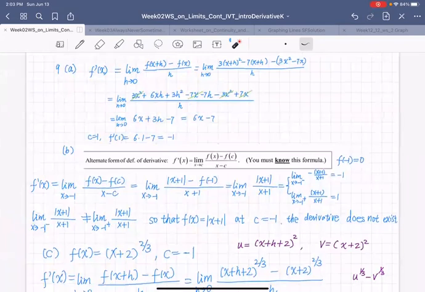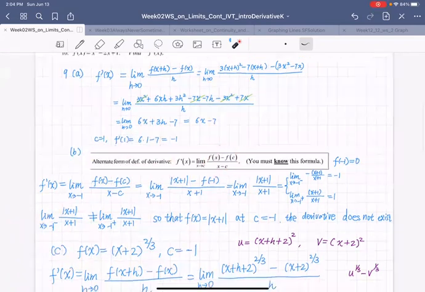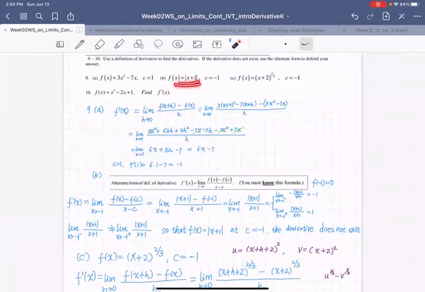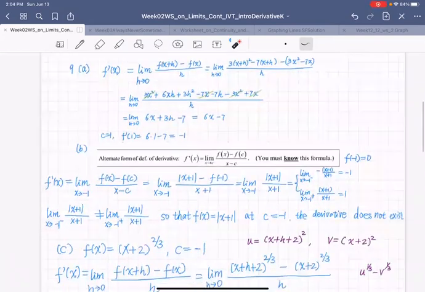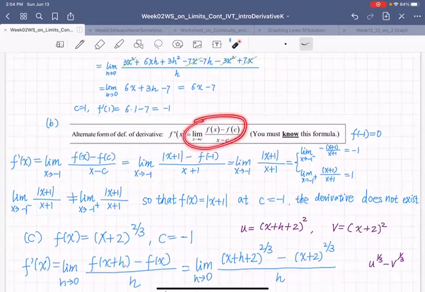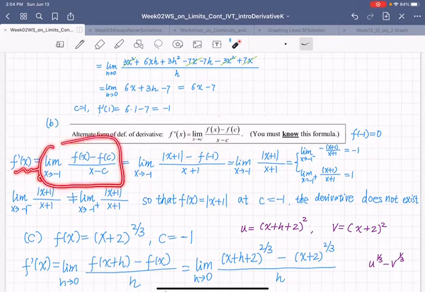So if we want to use the alternate form of the derivative, we use this guy, and we redo this question. They ask you, does the derivative exist at this point when c equals -1? So based on this format, the derivative here equals this. f(x) is defined by the absolute value of x plus 1. At f(c), this is f(-1) because x approaches -1, okay?